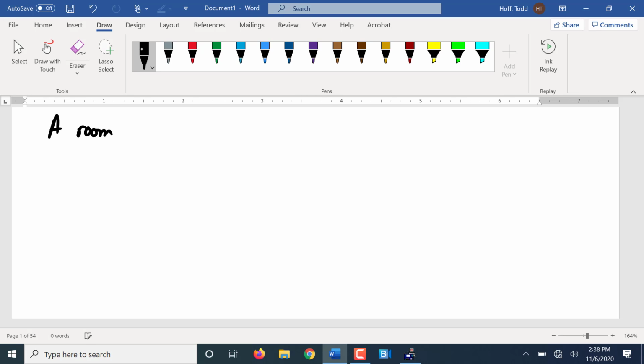So here we have a room that is 6 feet, 6 inches wide, and 8 feet, 4 inches long.